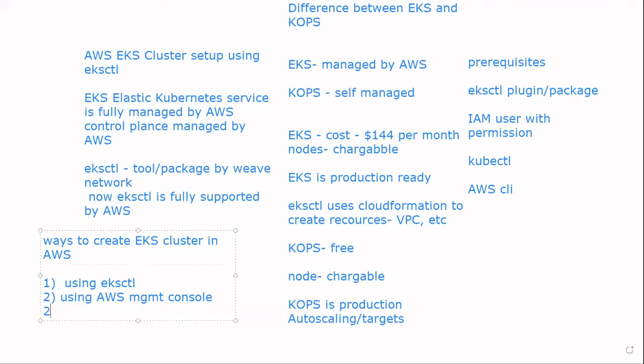Third is the AWS EKS command line. In the second and third ways, we have to create resources manually, such as a dedicated VPC, NAT gateway, internet gateway, security groups, all these things. Here also the same.